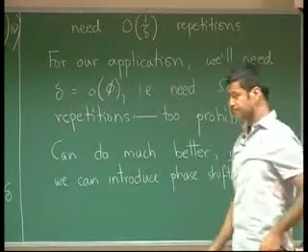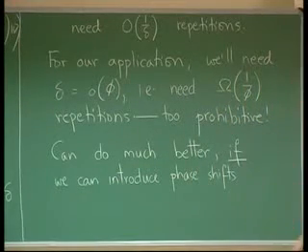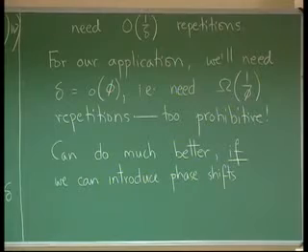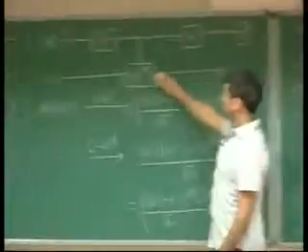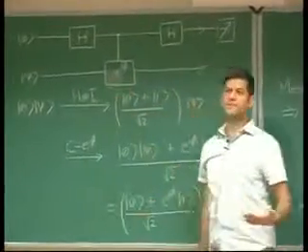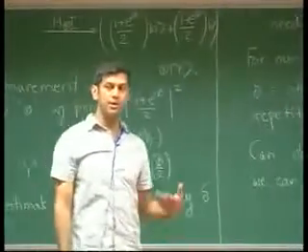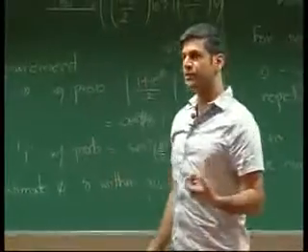So what multiples of e^{iφ} do we need? We need phase shifts that are basically φ, twice φ, 4 times φ, 8 times φ. So all power of 2 multiples of φ.